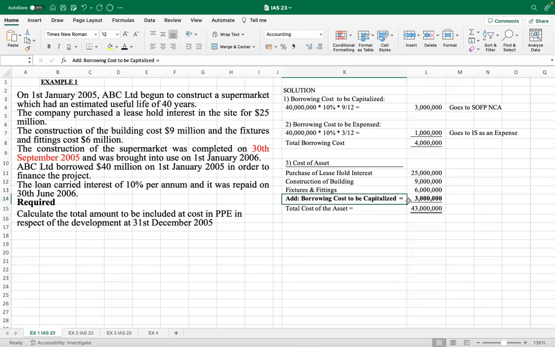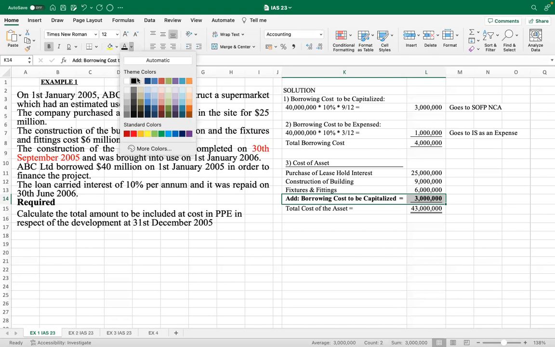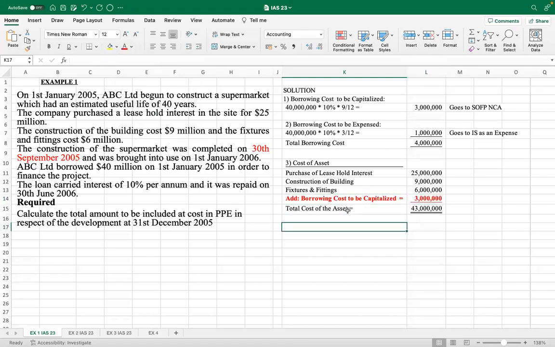We could not have accounted for what is to be capitalized. What is to be capitalized, we could have taken it to the income statement, the whole of it as an expense. But because the standard tells us borrowing costs should be capitalized, this is the amount to be capitalized. And then this is the total cost of the asset.